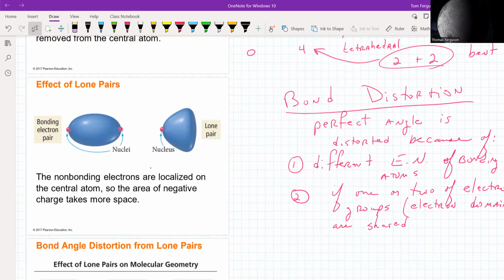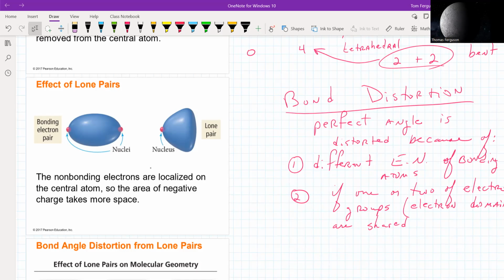Now look at the difference between these two. When you have, like if this is a central atom, this is a bonding atom, this electron cloud kind of looks like this, kind of spread out. But when there's no atom over here, the lone pair electron cloud is kind of squished up against the central atom. And because of that, it takes up a lot more room.